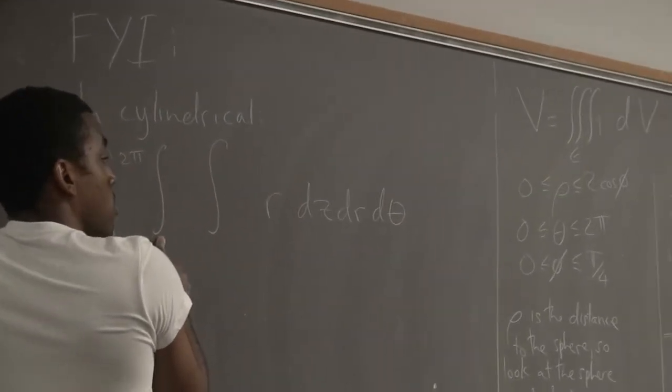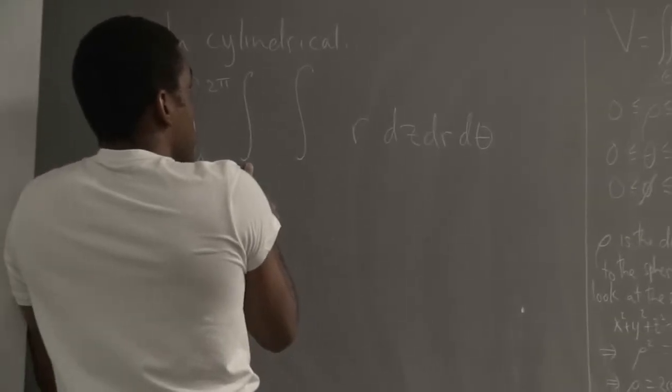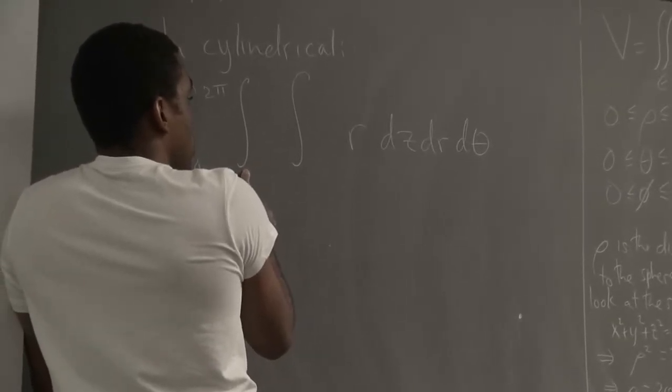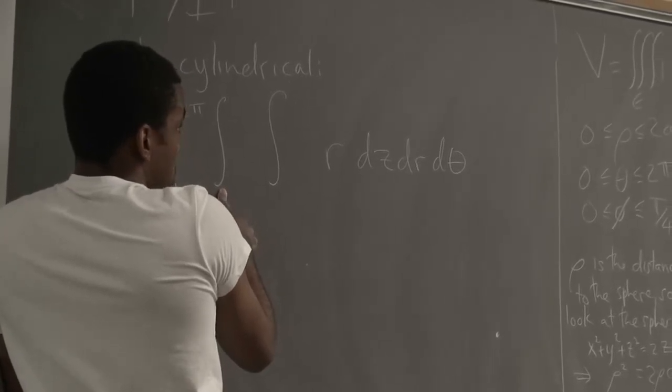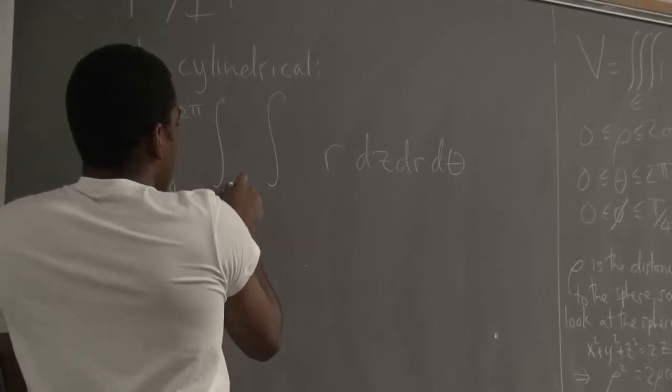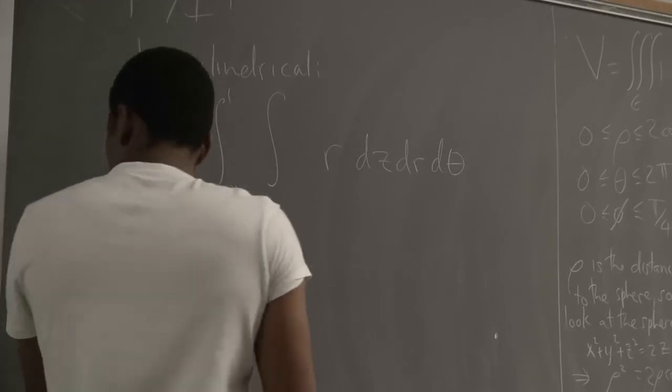For r, it would be where they intersect, which I think was 0 to 1.